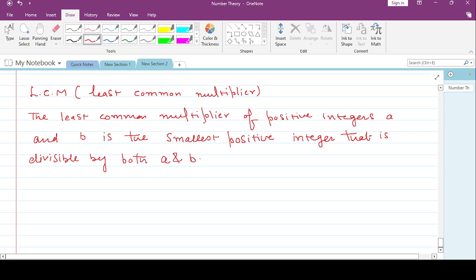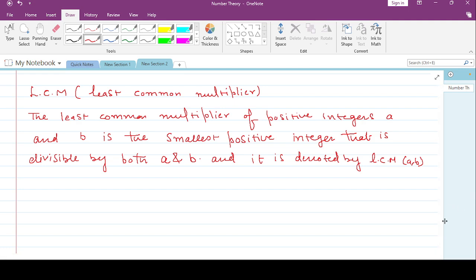Mean if you say that any number is the LCM, okay, then a and b should be dividing that number, and that number should be the least number, okay, and it is denoted by LCM of a and b, okay.